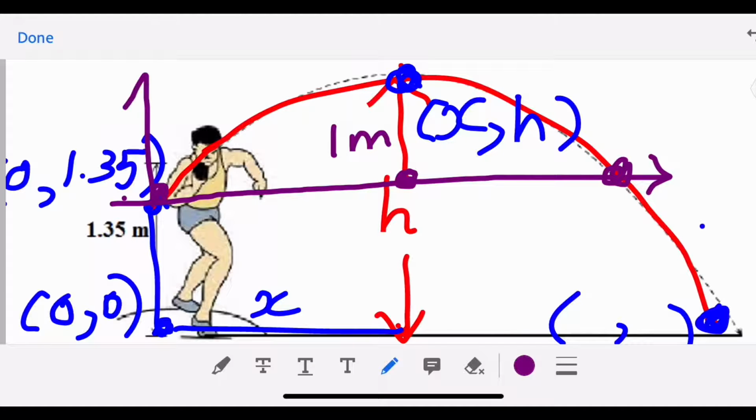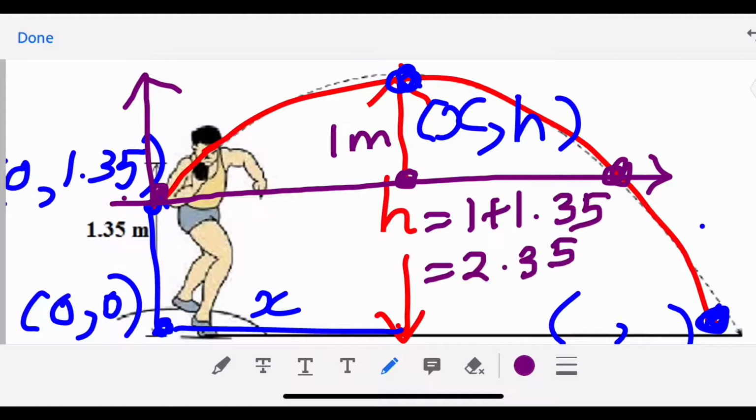The 1 meter is the point that we found from the curve when we did the completing the square just now. I made the point lower a bit so that I can draw the shape. So the height now you have to take 1.35 plus the 1.